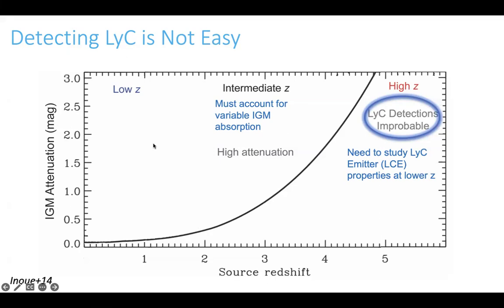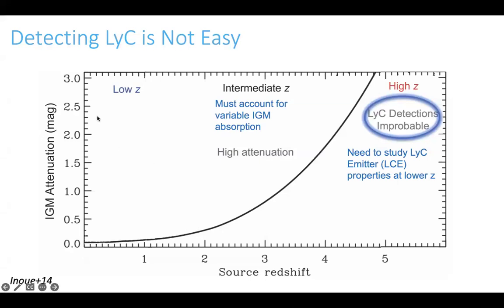And more of an issue is the fact that this IGM attenuation varies along different lines of sight in ways that we don't know. So often studies will have to either stack galaxies at these redshifts in order to average over those variations, or if you do have an individual source, you often have a very high error bar on its derived escape fraction because you don't actually know how much IGM is in the way.